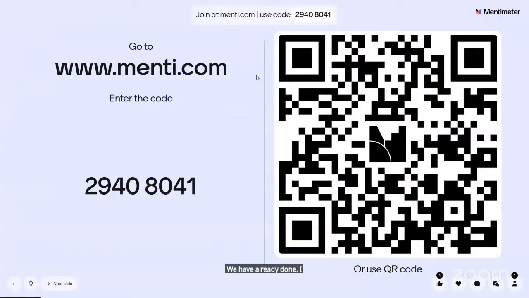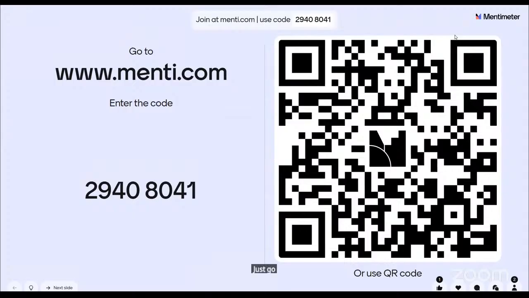I hope you don't have any doubt in that. You just have to scan this QR. Just go to Google, normal search Google, and scan this QR and join this.